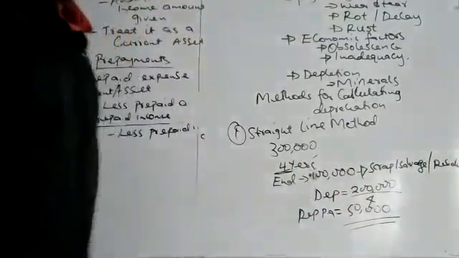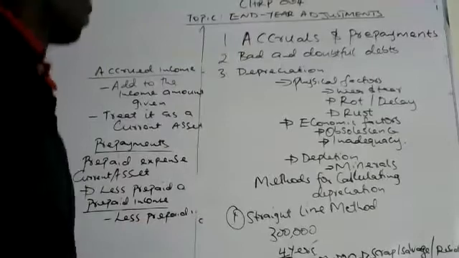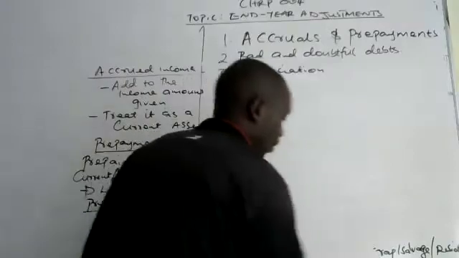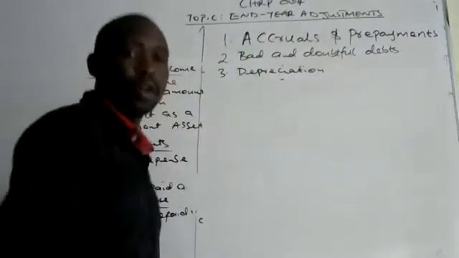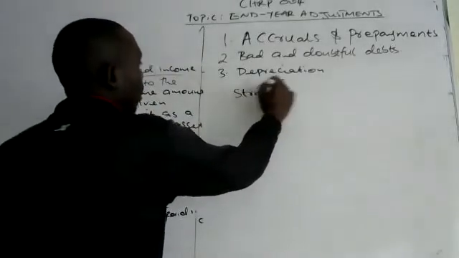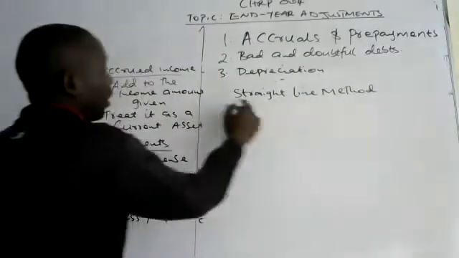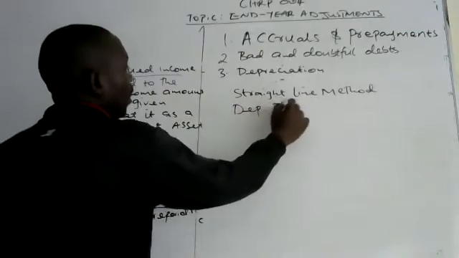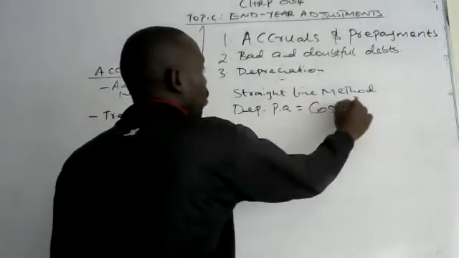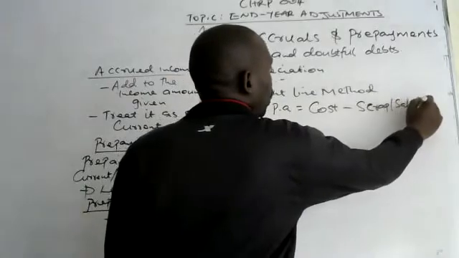And actually, now to put it in form of a formula, under straight line method, depreciation per annum is given by the cost of that asset minus what we call the scrap or salvage.